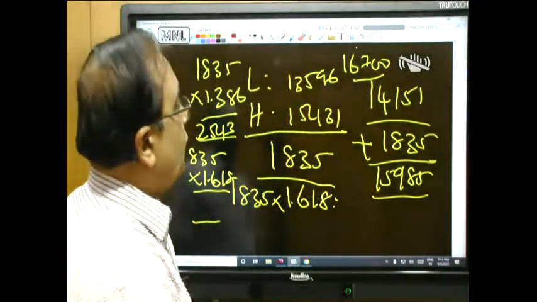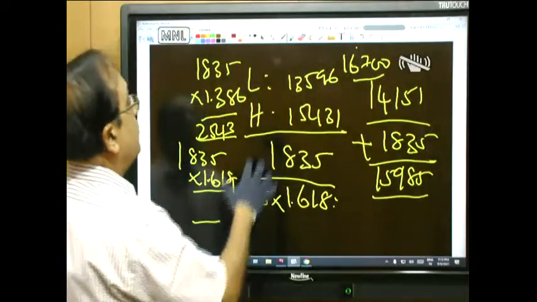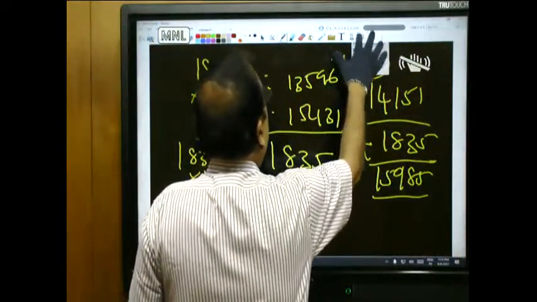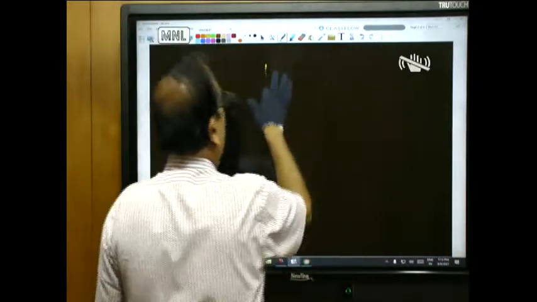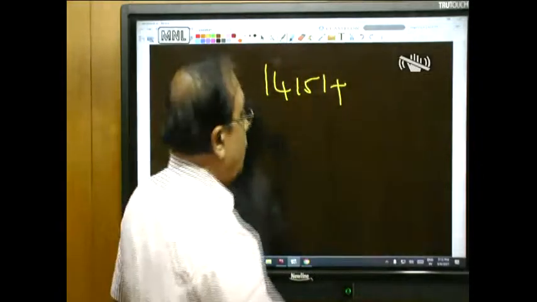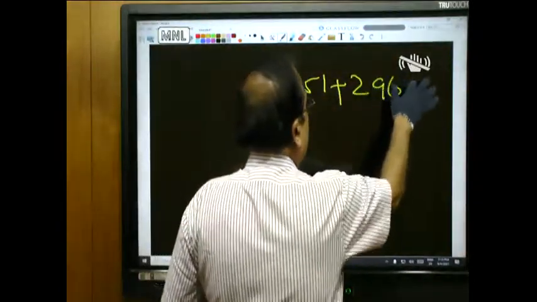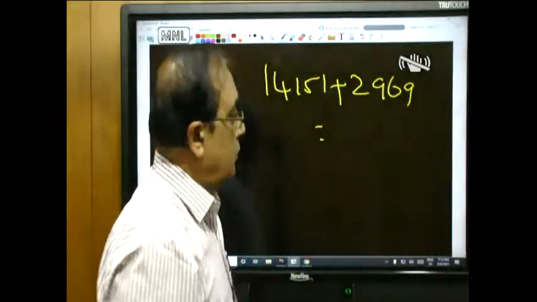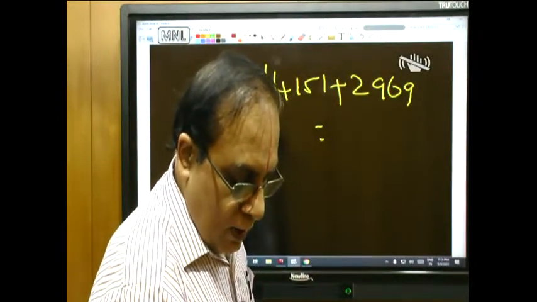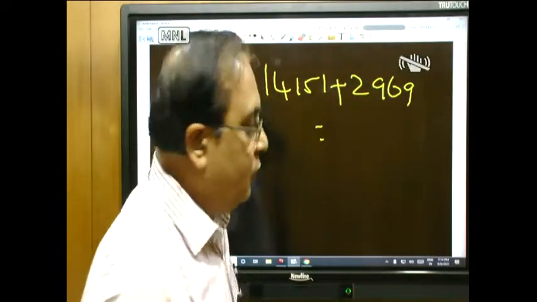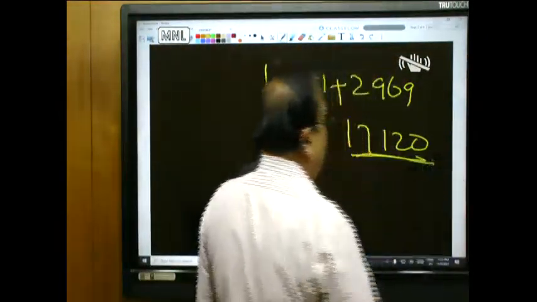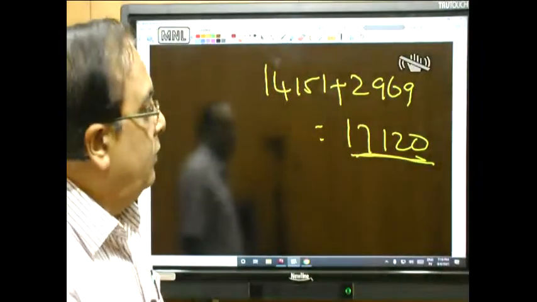So 2,969 if we add to 14,151, 14,151 plus 1.618 of that, which is 2,969, is 17,120. So even that is broken. So this is going to be a very important support if at all there is a fall, right?